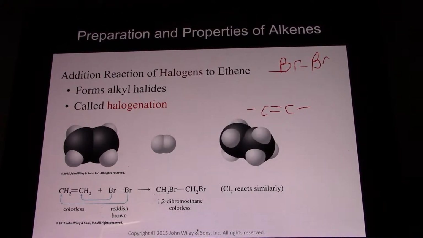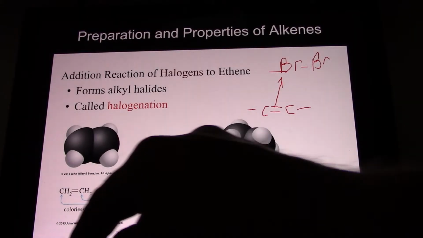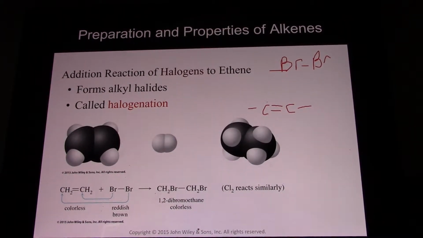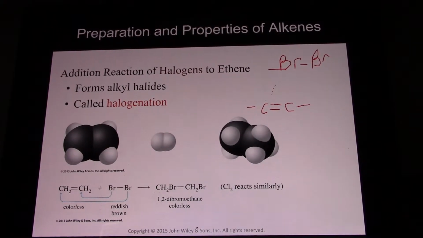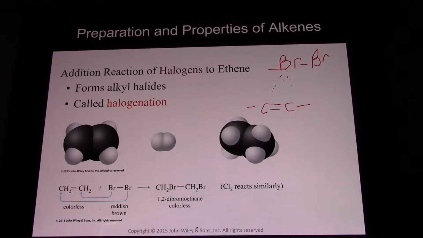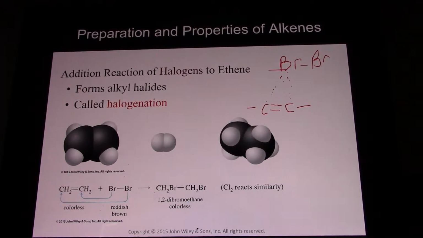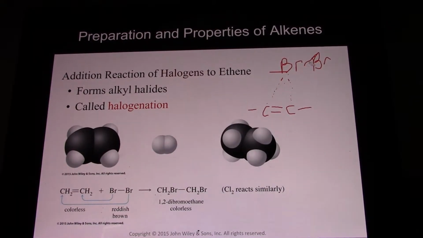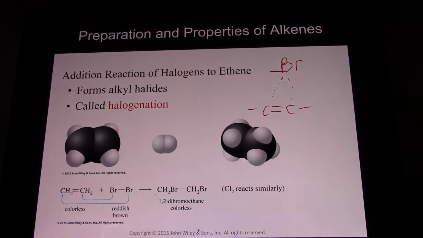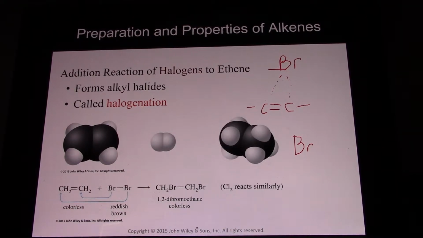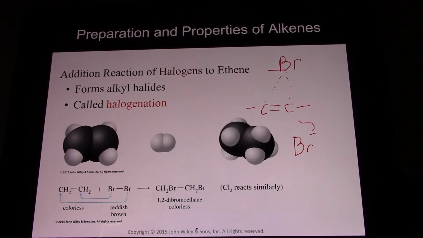The double bond, these two electrons actually attack that bromine temporarily, forming partial bonds to both carbons, and that kicks off this bromide, Br minus, which then comes around from the other direction and attacks a carbon.